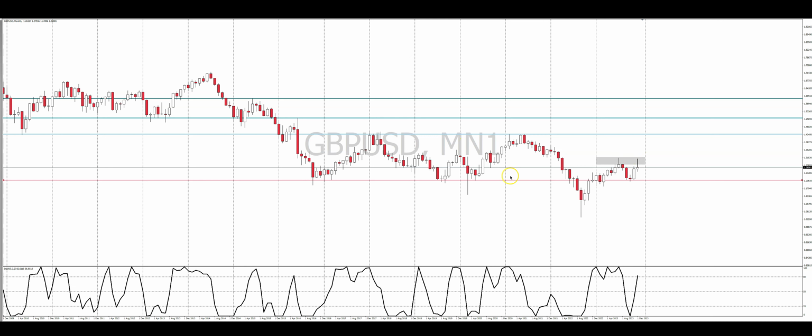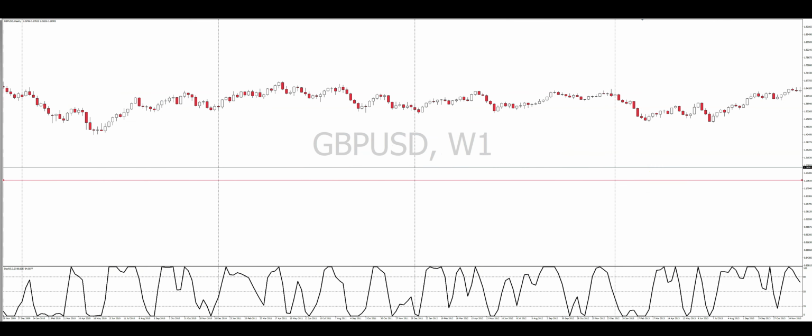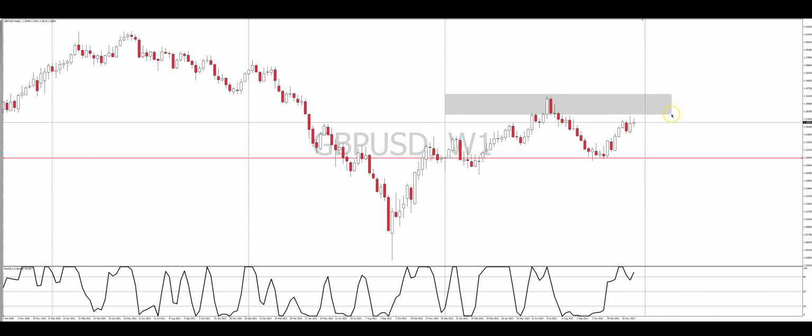Now this is the monthly time frame we're looking at, so this is 400 pips. Let's get rid of this line and go down to a lower time frame, the weekly. The weekly shows us a little bit more of what price is doing. Price came down, went up, found support here, went up, found resistance here, came back and retested that same level of support, and bounced right off.